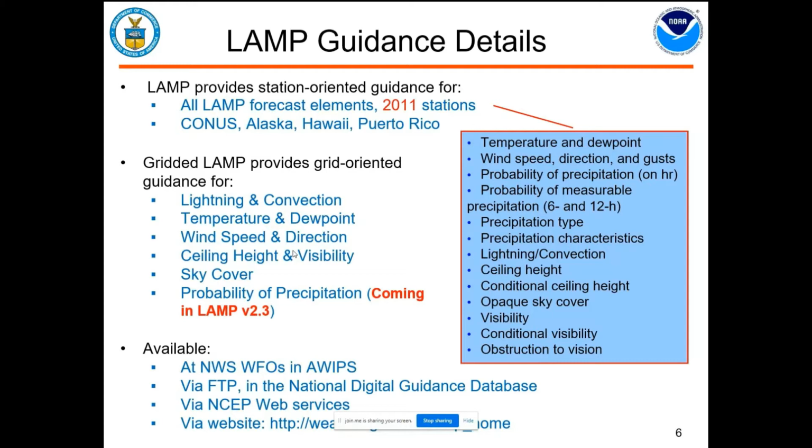There's a new probability of precipitation product that we're going to be implementing with our next upgrade that I'll describe a little bit later. Our guidance is available at the Weather Service WFOs and their AWIPS systems, and also via FTP download in the National Digital Guidance Database, from the NCEP web services, and through our website.